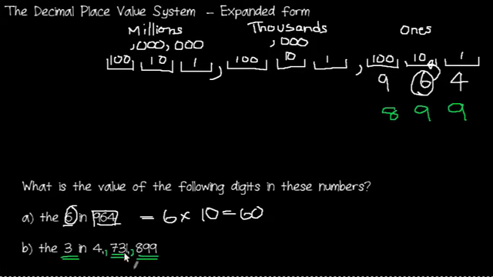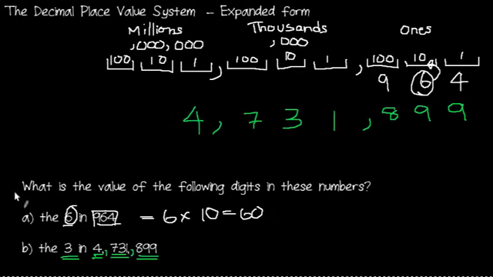The next period is 731, and that's in the thousands. So don't forget to put the comma in there, and just put those directly into their spaces, 731. And finally, we have this 4 in the last period, which is the millions, and we just put that one right there.